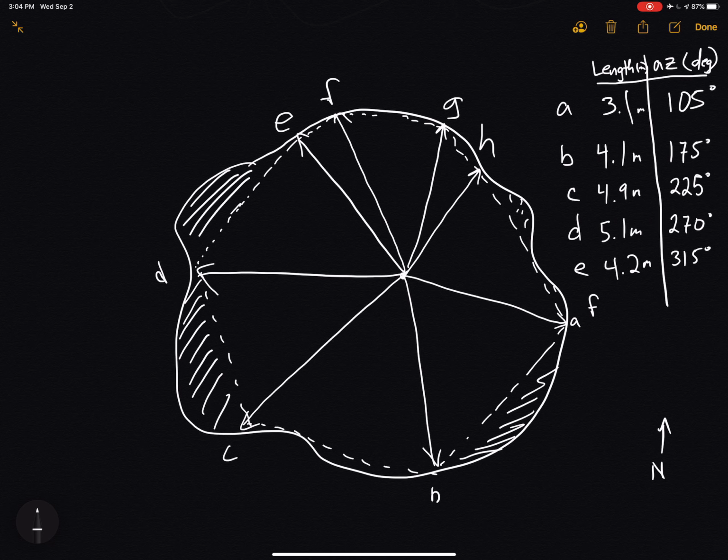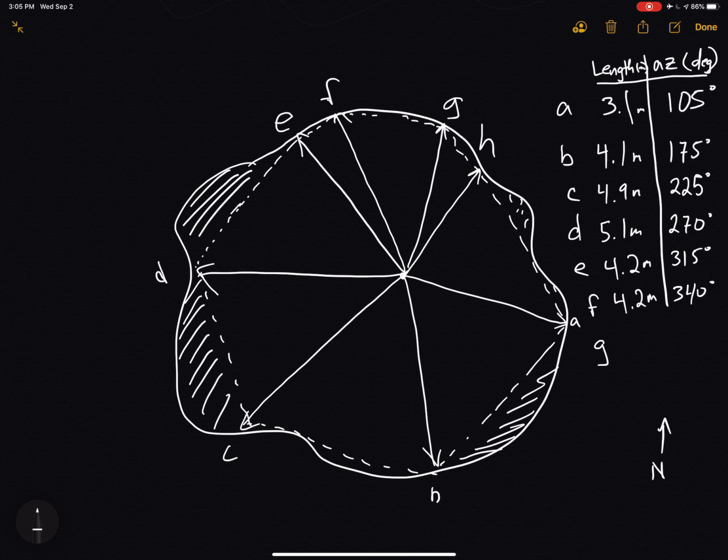Radius F is just shy of north, so let's call that 340 degrees, north by northwest, and about 4.2 meters once again.